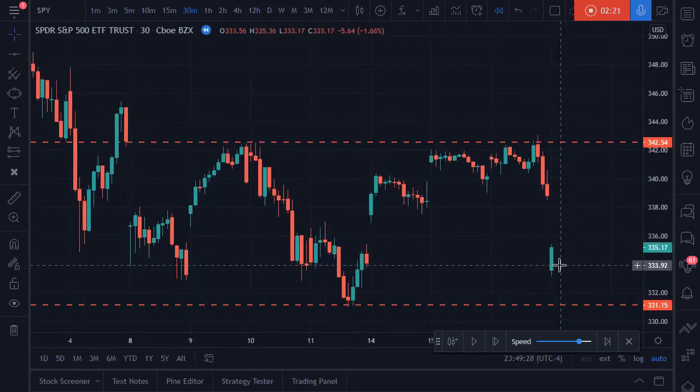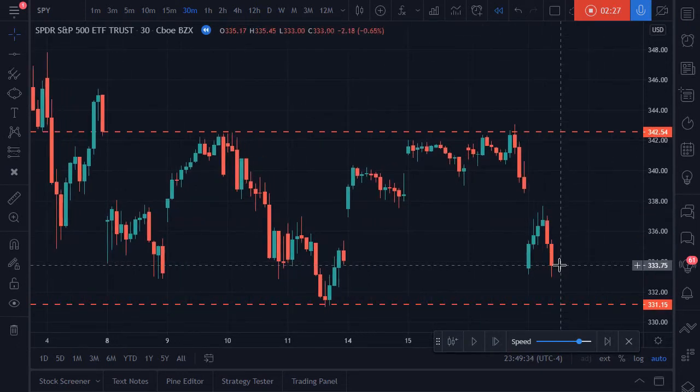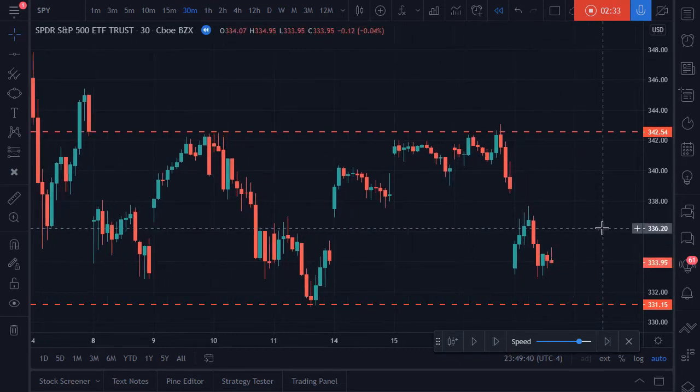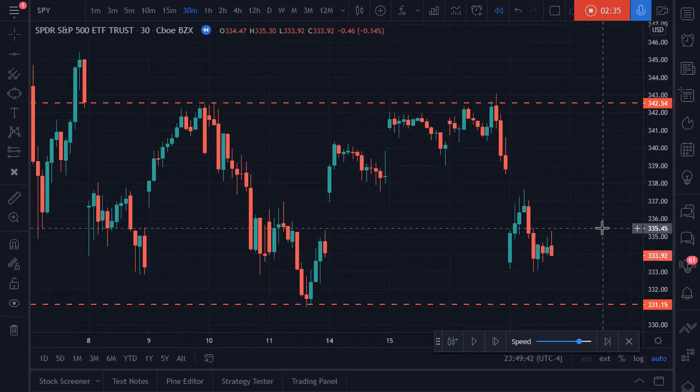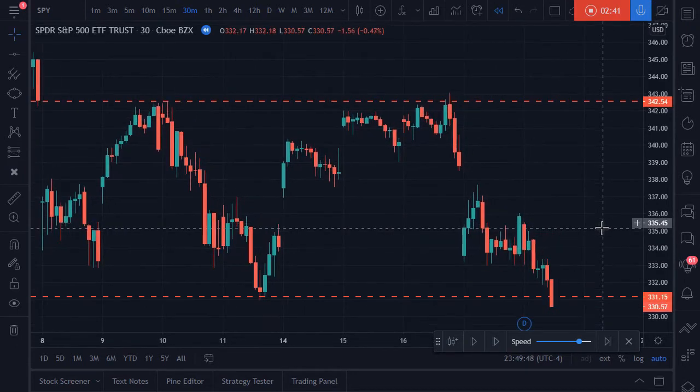So we held that resistance, and we are coming off of that. And so if we had decided to go short up here, we'd be in a pretty good position. And one thing we could probably do is look to use that lower level as a potential target. And so if we did, we would have had a pretty good trade.